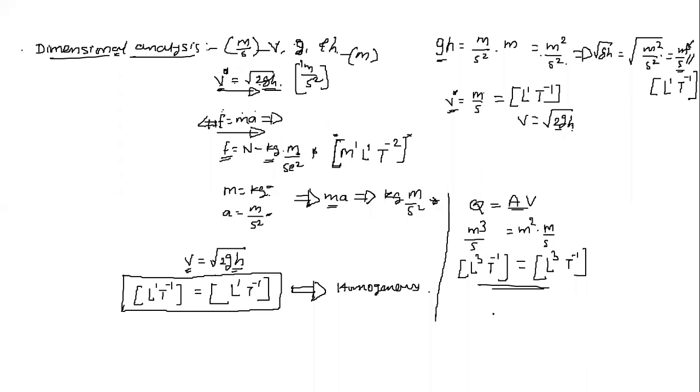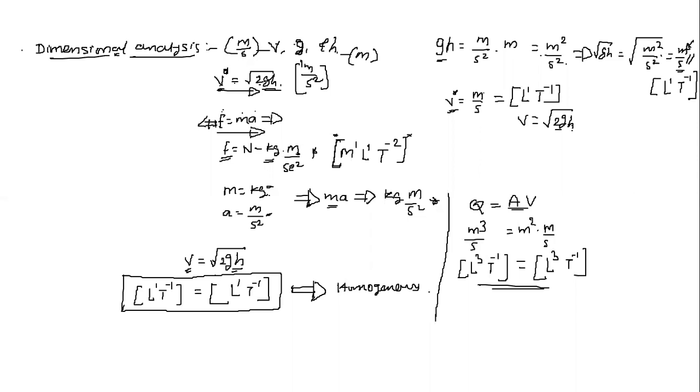Now the next part we are going to discuss is the methods of dimensional analysis. Directly we did the dimensional analysis here by considering the units. But if you do not know the functional relationship and a number of parameters exist, then to establish the functional relationship between those parameters, we need to consider their units and dimensions and analyze them, so that we get the functional relationship between them.